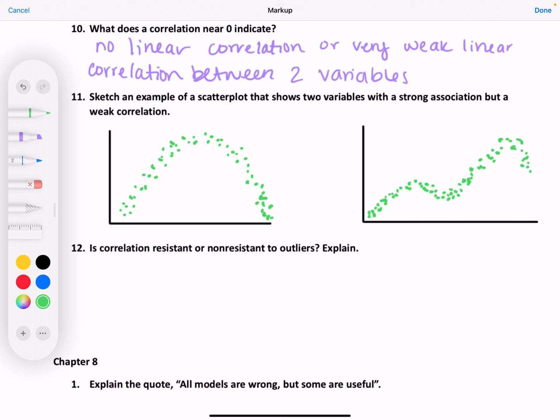Oh wow, that's not what I was expecting. Hold on, I have to erase what I have. There would be other options, but basically anything that's tight together but not linear would be a strong association and weak correlation. It's like deep and wide, strong and weak.